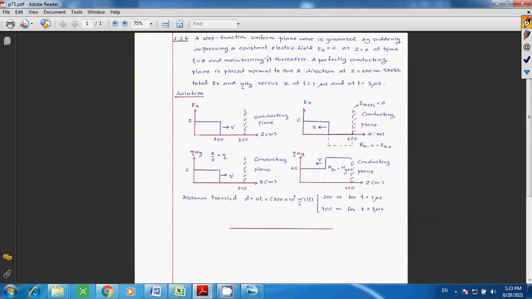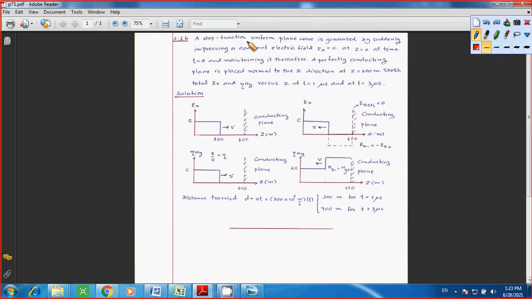Problem 6.2b, a step function uniform plane wave is generated by suddenly impressing a constant electric field E equal to C at Z equal to 0 at time t equal to 0 and maintaining it thereafter.